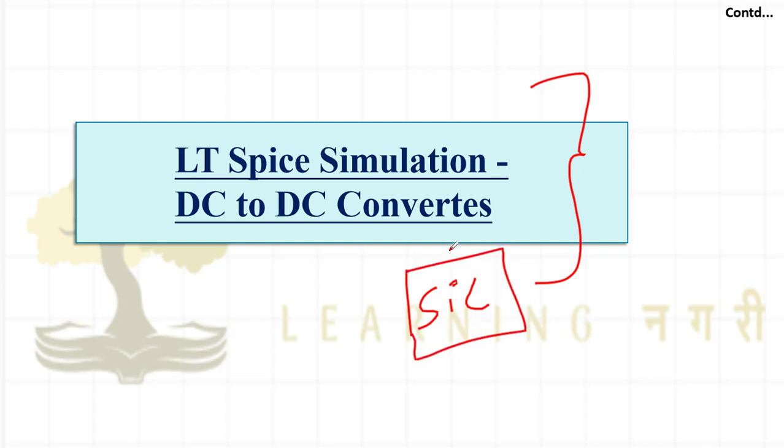So I can use this particular switch here in LTSpice. I will just download its footprint and its model, use it in LTSpice, and simulate it. So if you want a better practical experiment, then you will go with silicon carbide.